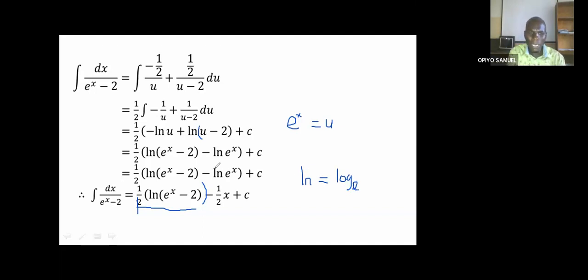Since we are getting natural log of e to power x, which is the same as log to base e of e to power x, if you have e to power x here, the result is simply x. So this is how it has disappeared for this particular part, coming to x.